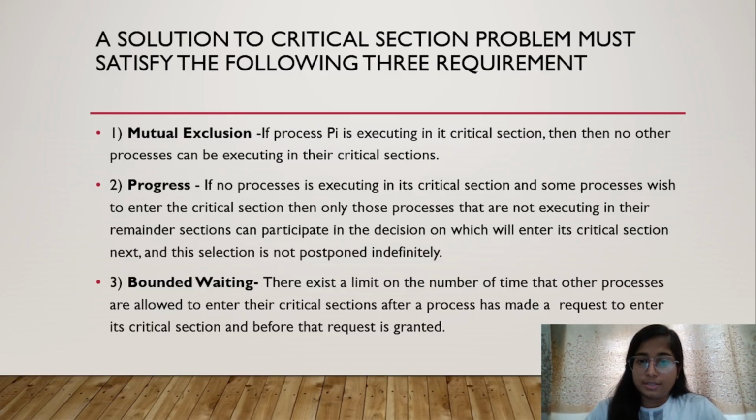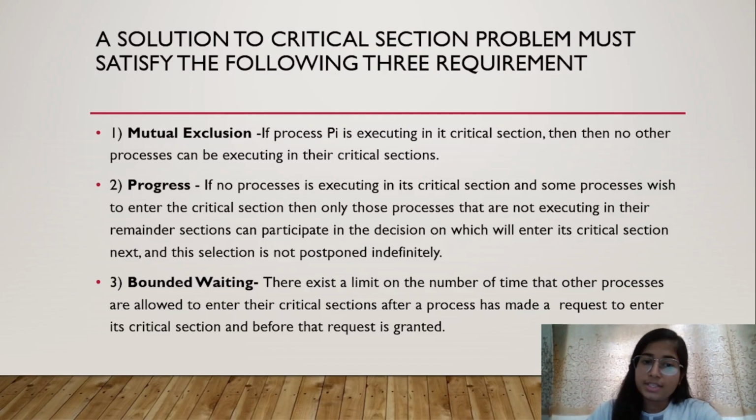Second is progress. In progress, if there is no process executing in its critical section, and some other process comes and requests permission from the CPU saying I want to execute my code, then only those processes that are not executing in their remainder section can participate in the decision on which will enter its critical section next, and this selection is not postponed indefinitely.